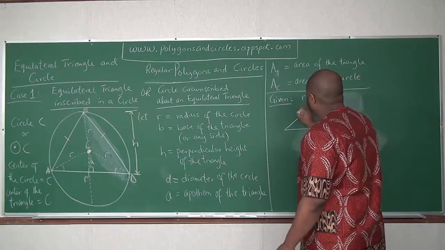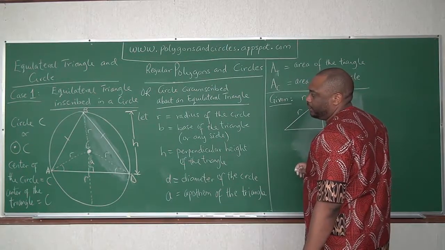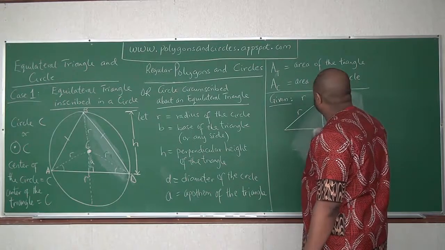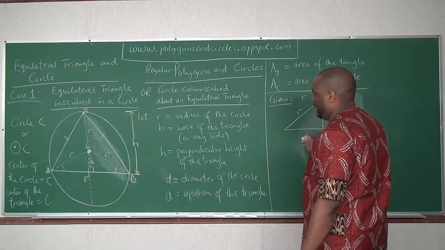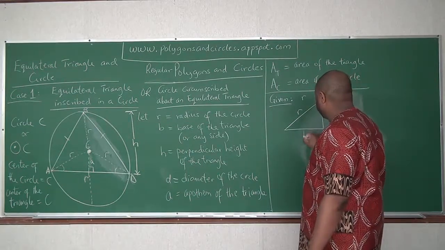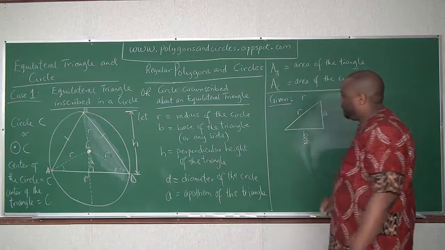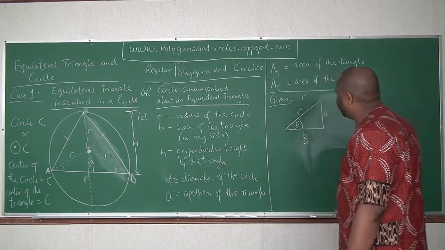This is the radius, okay? This is the apothem here. This is half of the base, so I'm going to call this B over 2. And you have this as 30 degrees.